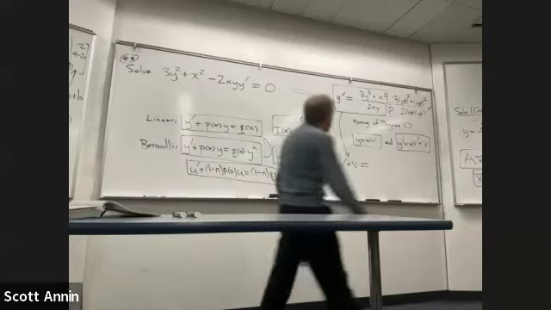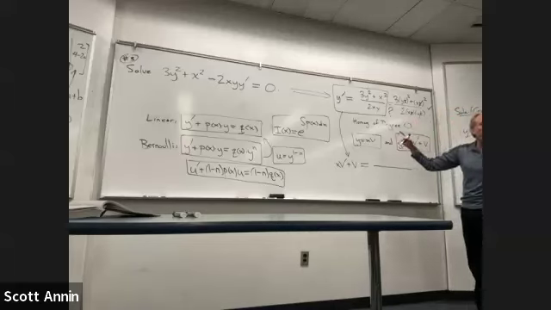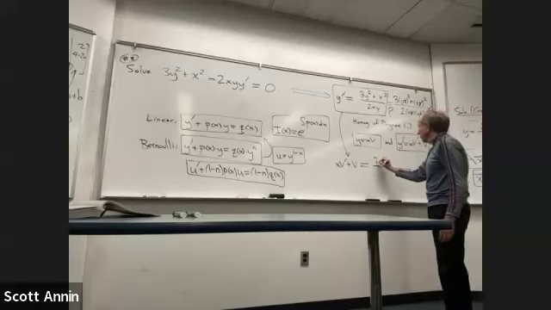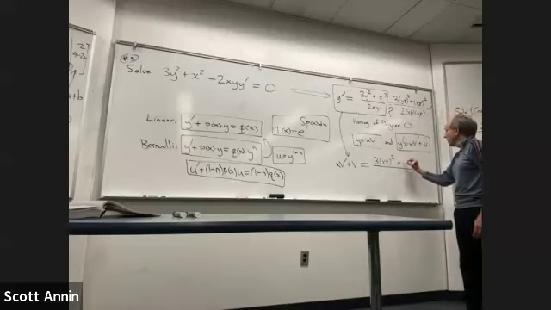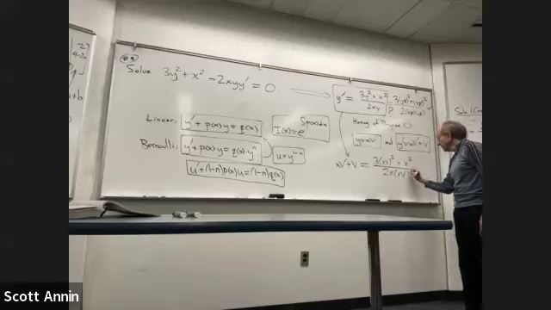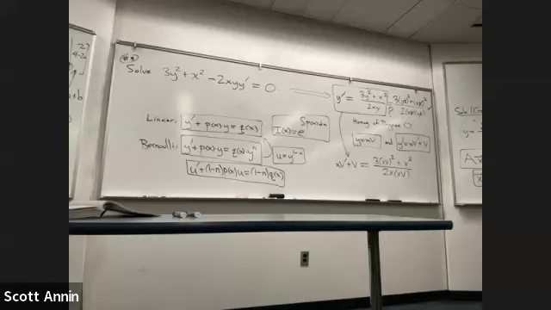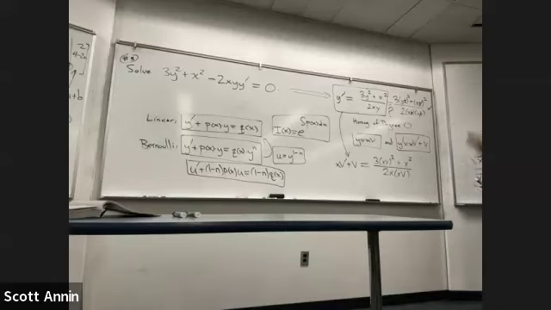On the right-hand side, everywhere I see a y, I change it to xv. So this will be 3 times the quantity xv squared plus x squared, and on the bottom, 2x times the quantity xv.